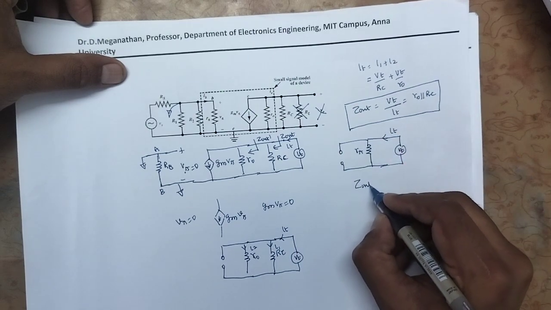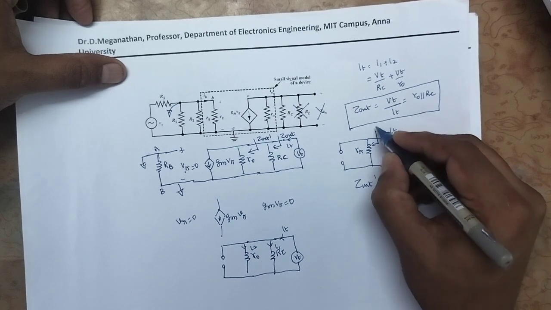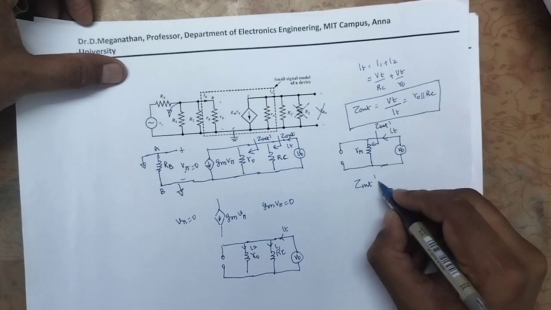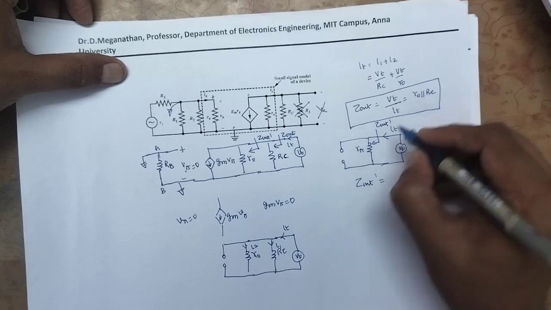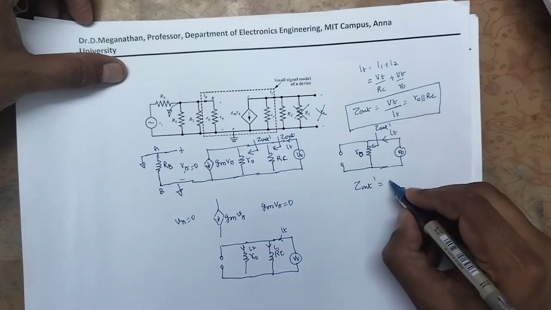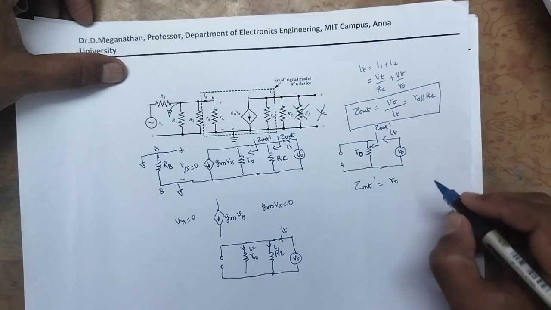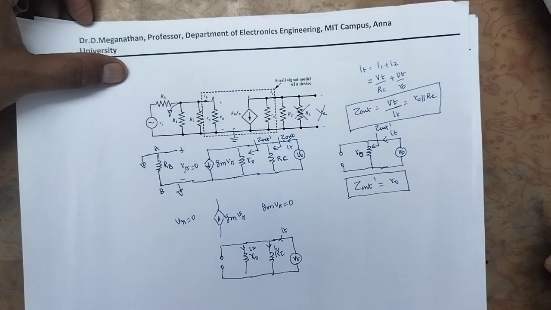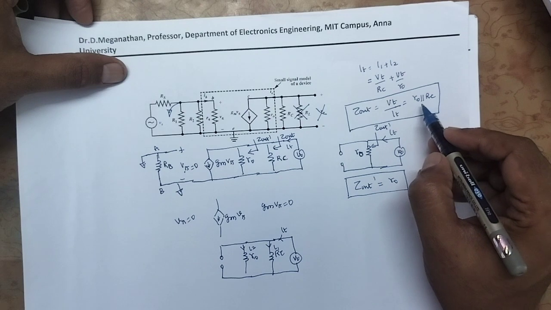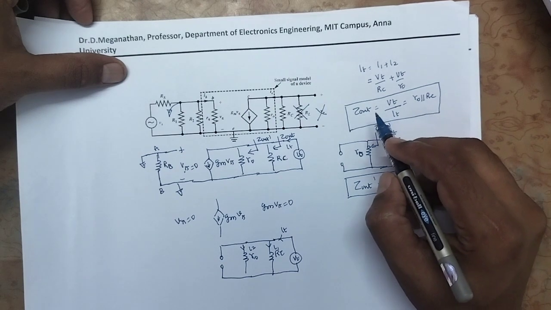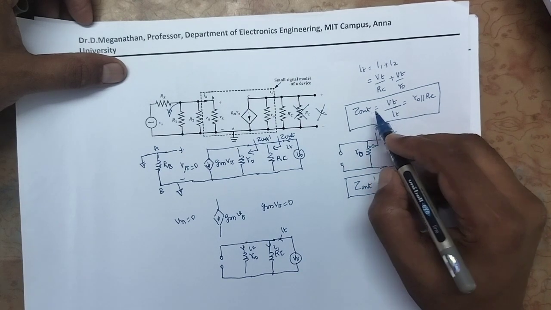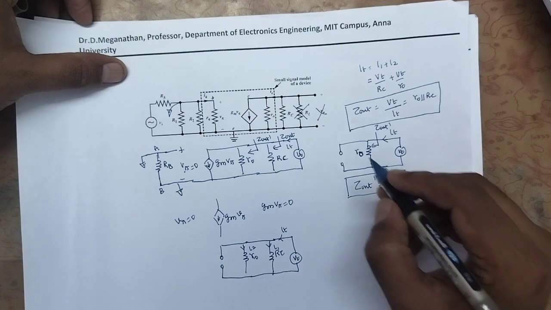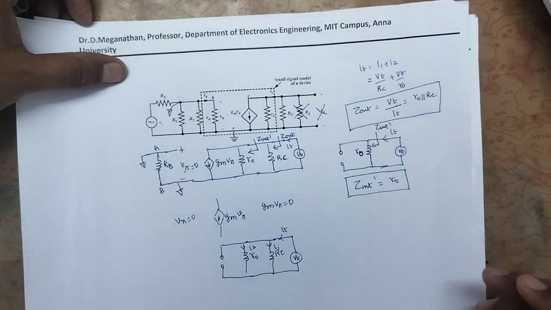So Z out dash, here when I measure it, is Z out dash. Z out dash is nothing but, sorry, it is R0, not R pi. Z out dash is nothing but R0. So now you see output impedance R0 parallel to RC when output impedance seen by the load circuit. Output impedance seen by the collector node is R0.